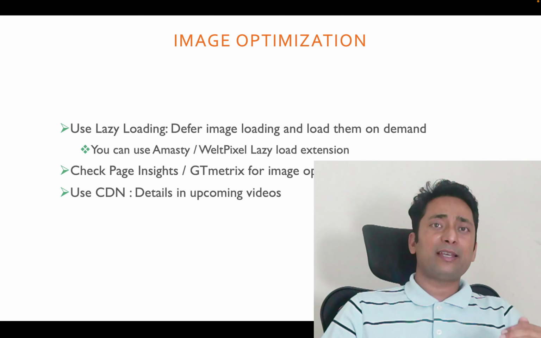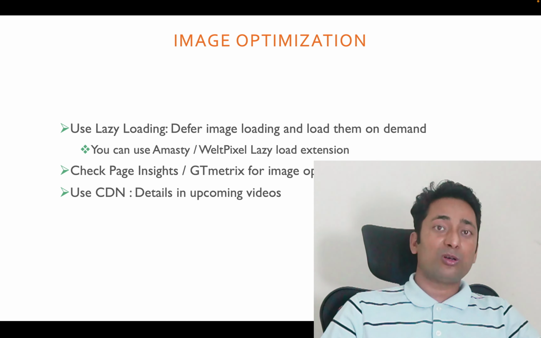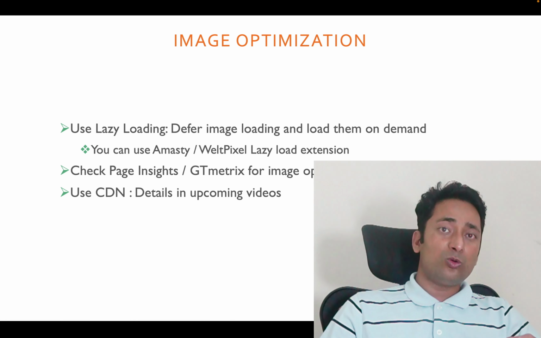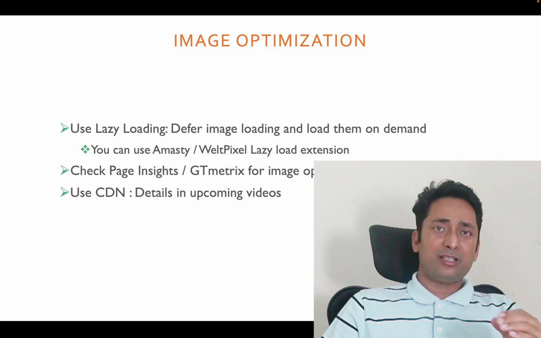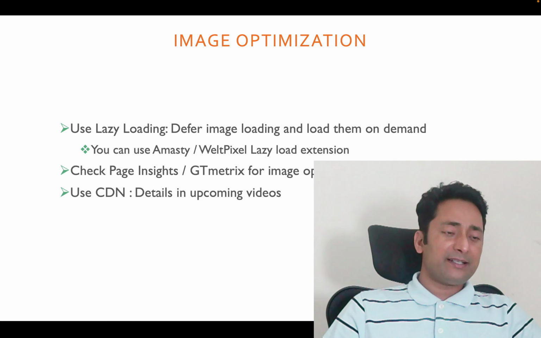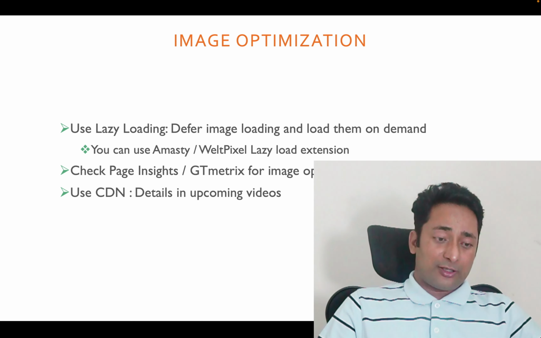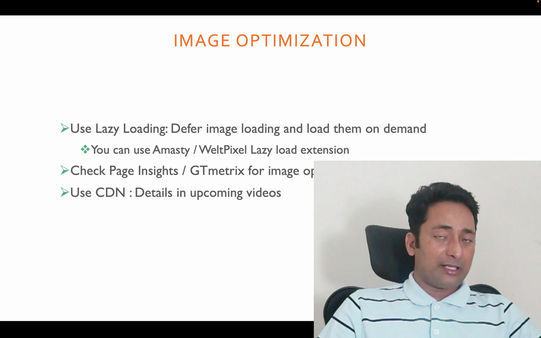So we are saving all that bandwidth, and all the time taken to load all the images in the first go. So only load the images which are visible on the screen. This technique is called lazy loading. Basically we are deferring images on first load and only loading them on demand as the user is scrolling down.